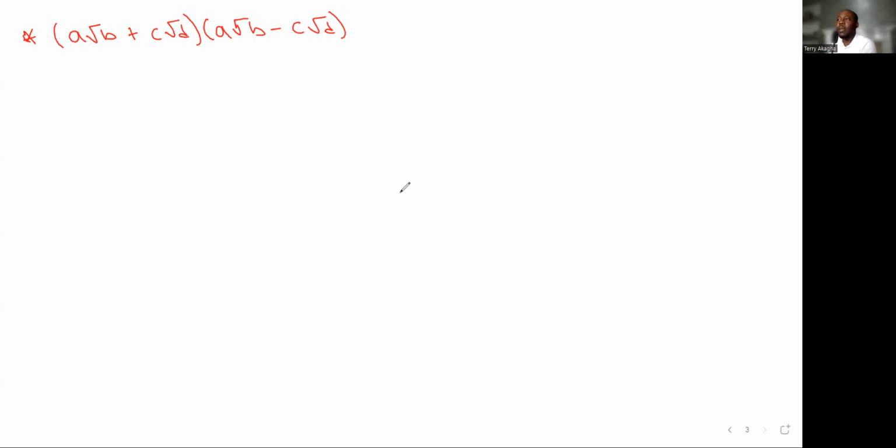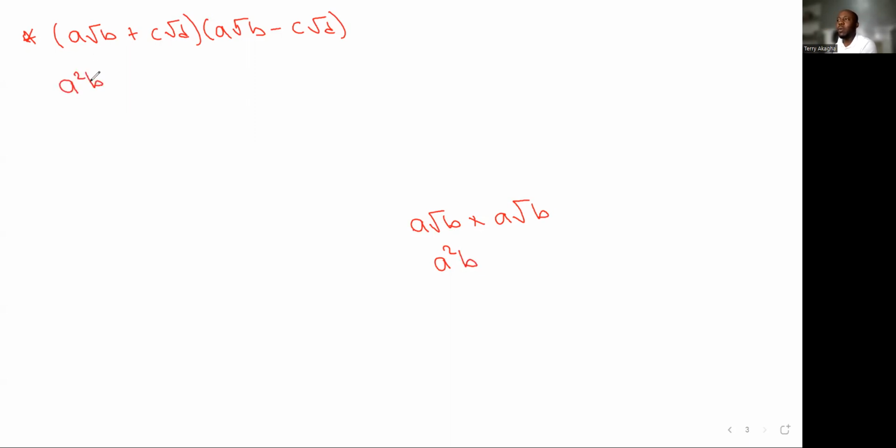So we have a root b multiplied by a root b. A times a will give you a squared. b root b times root b will give us b. So this is going to give us a squared b.